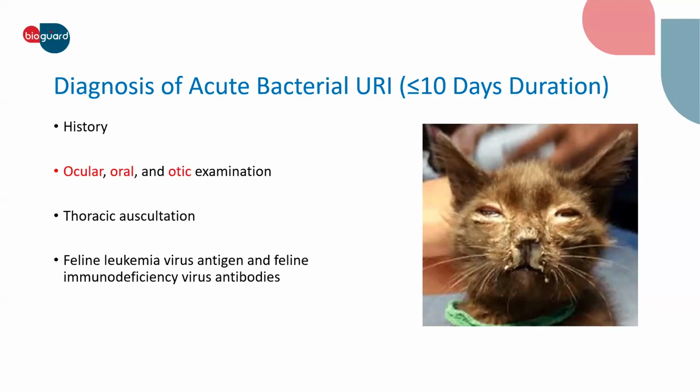They might be boarded or have recently come from a shelter. Also consider the likelihood of foreign body contact and a history of recent stress, which is thought to reactivate FHV infection in some cases. Ocular, oral, and otic examinations also need to be checked to evaluate for other primary problems.